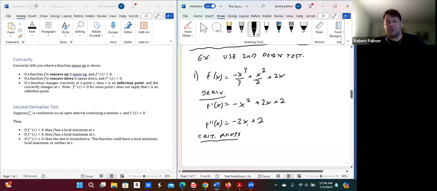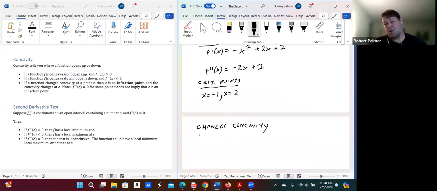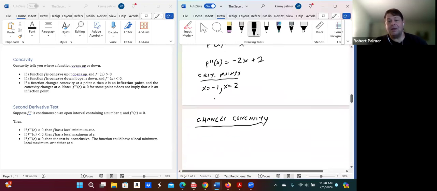Remember, for critical points, you set the first derivative equal to 0 and solve. Critical points are x equals -1 and x equals 2. Now what we also want to know is where the function changes concavity. Where the function changes concavity is going to be where f double prime of x is equal to 0.